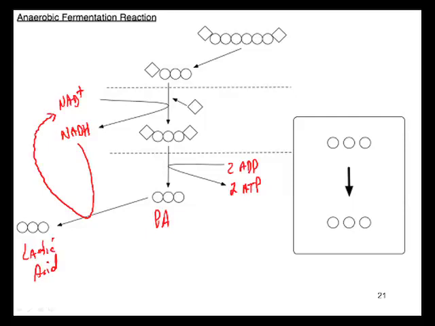So NADH is oxidized, and pyruvic acid is reduced to lactic acid. That then supplies more NAD for glycolysis.